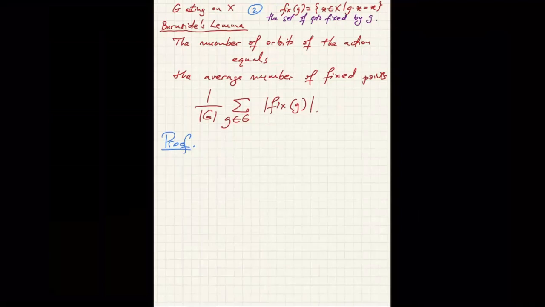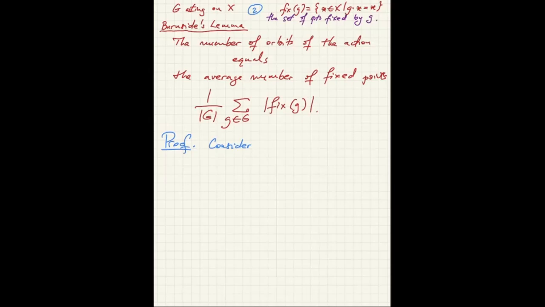Now, how do you prove this result? Well, we'll do a double counting. Consider the following set, the set of ordered pairs of the following form: (g, x), where g comes from G, x comes from the set X, and g acting on x is x.